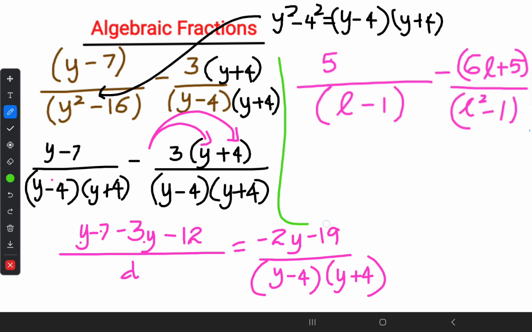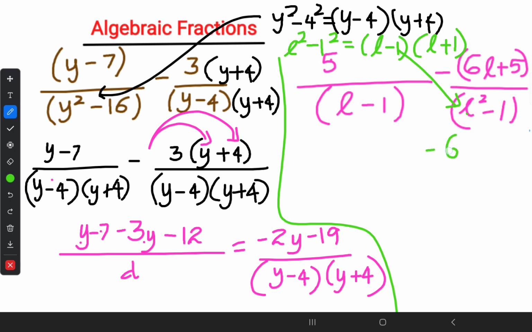And in the question on the right, this is L plus 1 only. Look at this denominator. We can factorize this one, L squared minus 1. You can write it as L squared minus 1 squared. So the factorization would be L minus 1 times L plus 1. So it will become plus 5 over L minus 1 times L plus 1.